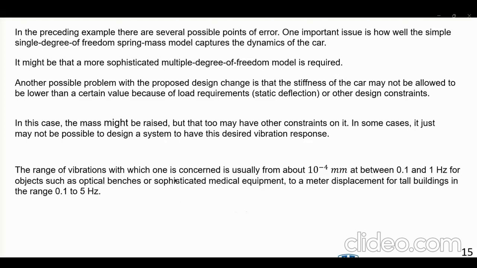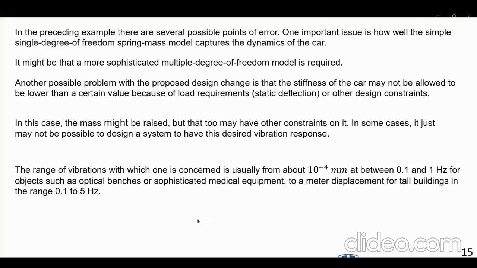Now, these are the range of oscillations for the range of frequencies and the displacement amplitude for different situations. This one is for the medical equipment, sophisticated medical equipment. For a tall building, the range of frequency is 0.1 to 5 hertz, and the range of displacement amplitude is about 1 meter.